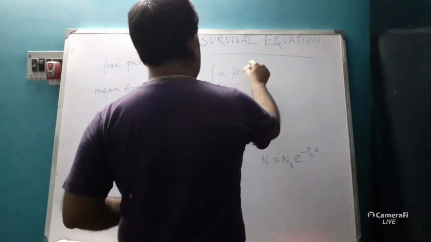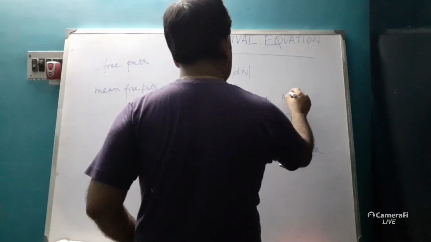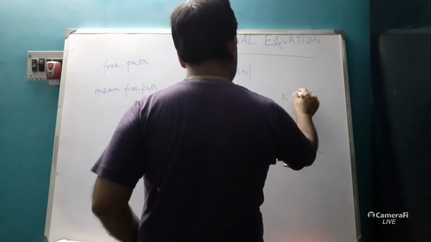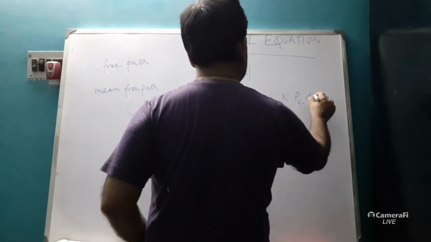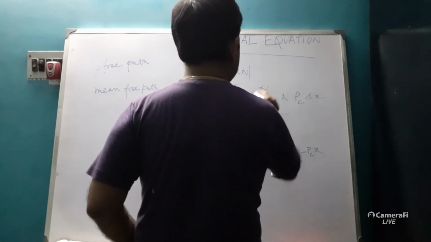That means we take the modulus of this, so it becomes n pc dx, where x runs from 0 to infinity.